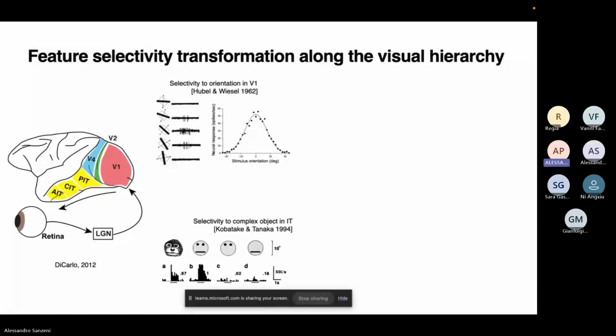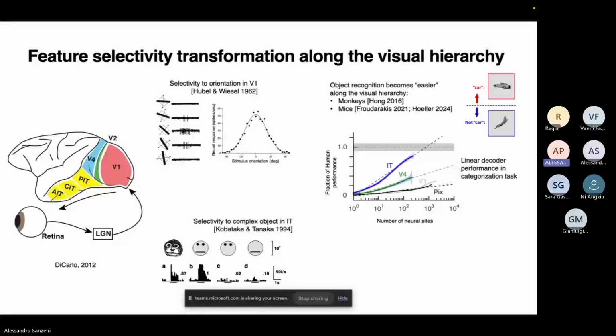Okay. And this selectivity is thought to be important from a computational perspective, and it has been suggested to underlie complex computations such as invariant object recognition. This is the ability to recognize an object regardless of where it is in the field of view, or how it's rotated, or the size of the object. And there is experimental evidence that this is happening along the ventral stream.